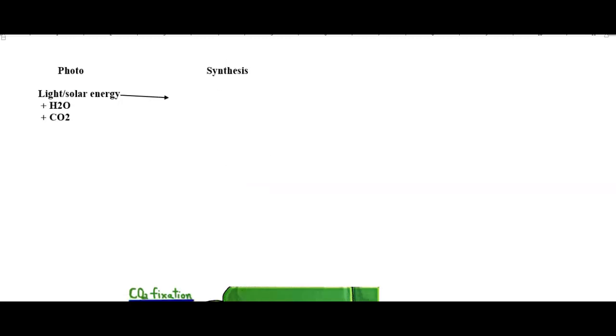So in summary of photosynthesis, we have photo, which is the light reactions, cyclic and non-cyclic, where solar energy is going to get trapped by the pigments.